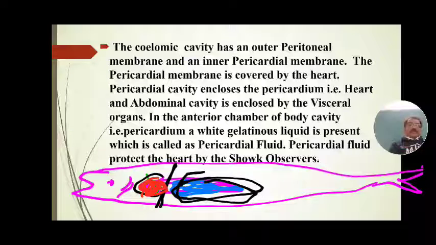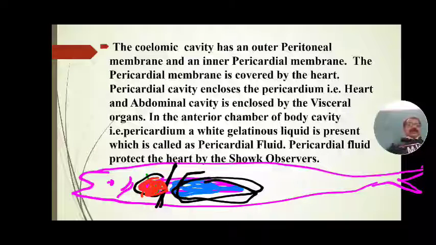When an adverse condition, such as a major dropping or digging condition, occurs, the shock absorber saves our vehicle. In a similar fashion, inside the pericardial cavity a white gelatinous liquid, the pericardial fluid, is present.